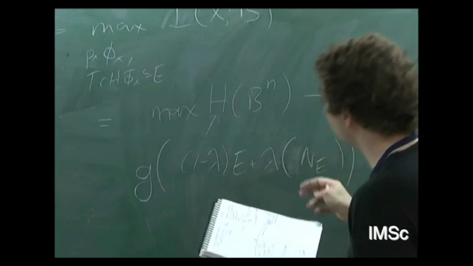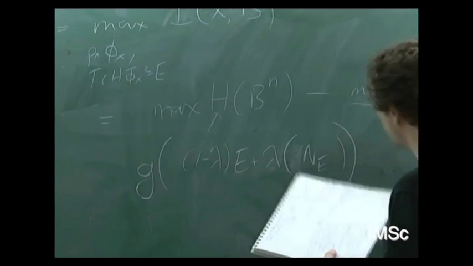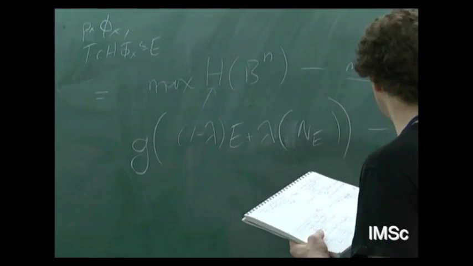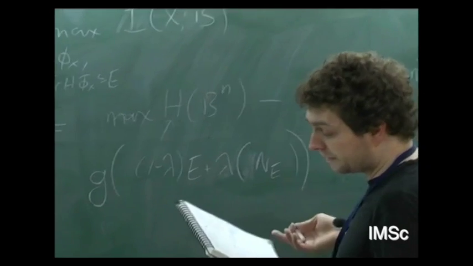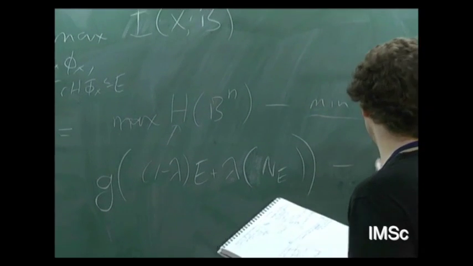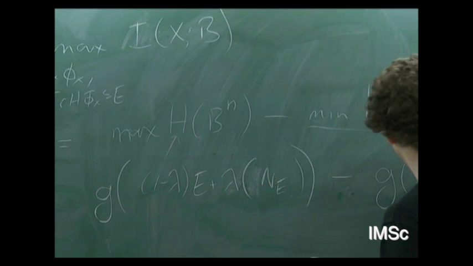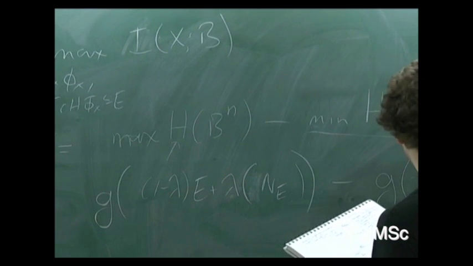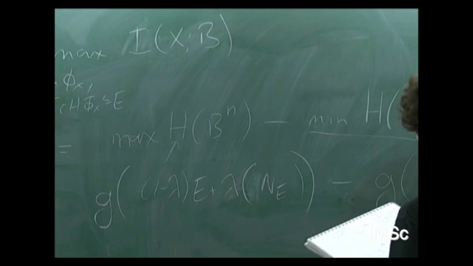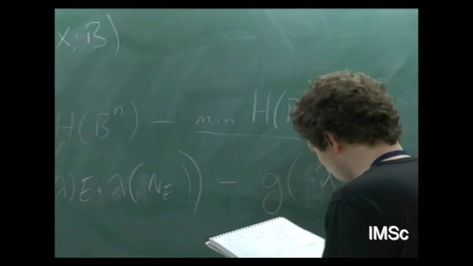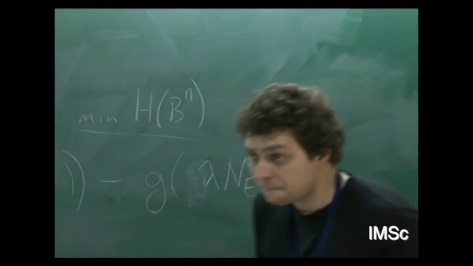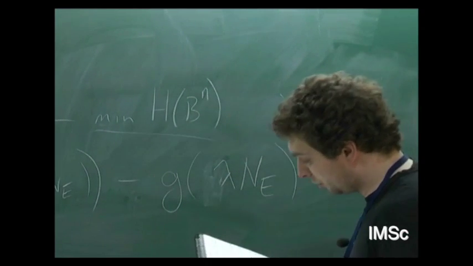Right? This is the average photon number of the environment. And this is just going to have, because I put in a vacuum, the average photon number is just going to be G of lambda NE. Okay? So this is the formula for the thermal noise channel.